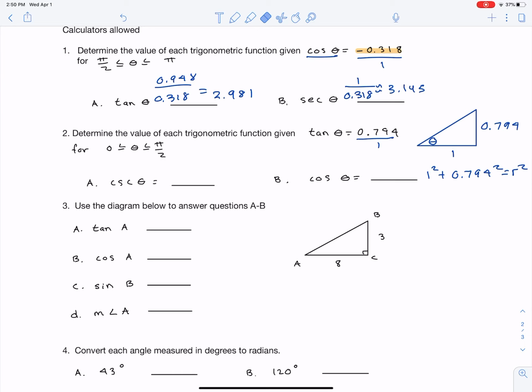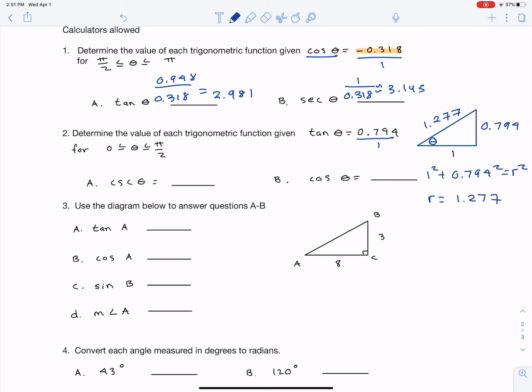So I got r equals 1.277. Let's just make sure again that I plugged that in correctly: 1 squared plus 0.794 squared, yep, okay, looks good. So now I know what r is, 1.277. Now let's go answer the question.